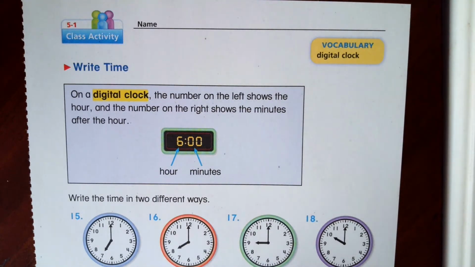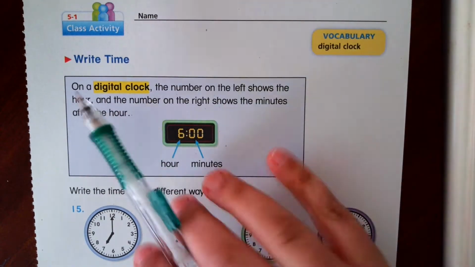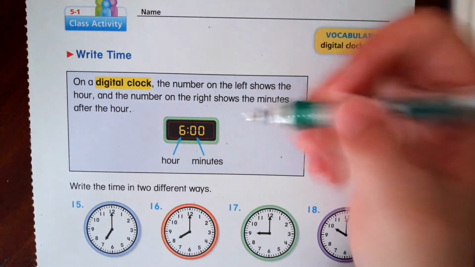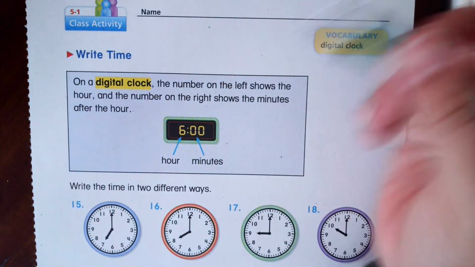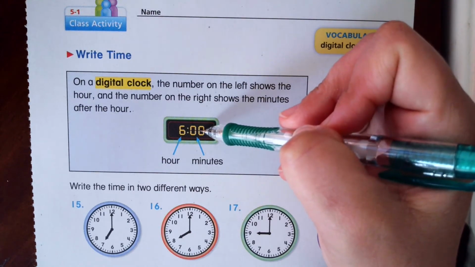So let's take a look at that blue box before we get started on the clocks. It says, on a digital clock, the number on the left shows the hour, and the number on the right shows the minutes after the hour. So it uses a colon in the middle, that's the dot dot, to separate the hours from the minutes.